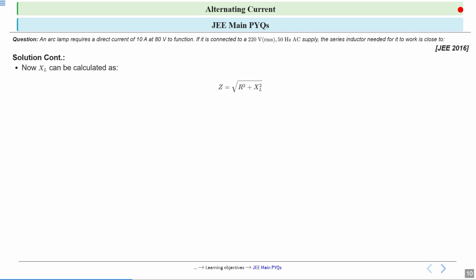Z is equal to root R squared plus X_L squared, so Z squared is equal to R squared plus X_L squared. X_L is equal to root Z squared minus R squared. Now put the values of Z and R. X_L will be equal to root 22 squared minus 8 squared, which is root 484 minus 64, so X_L equals root 420, and the value of X_L is approximately equal to 20.49 ohm.